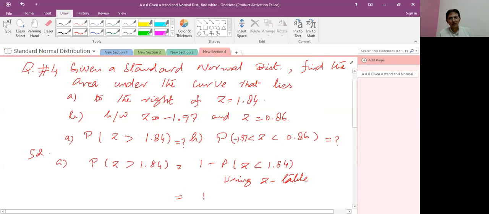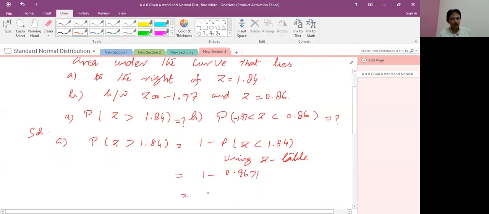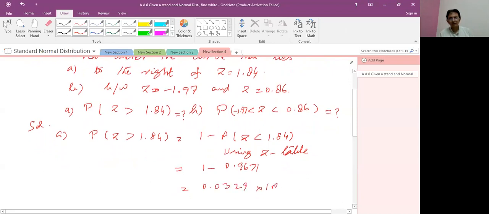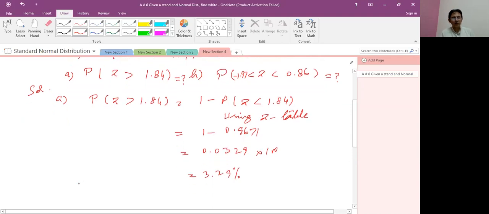So it means 1 minus 0.9671, and subtracting from 1, it is 0.0329. If you multiply by 100, it means 3.29% when it exceeds 1.84.